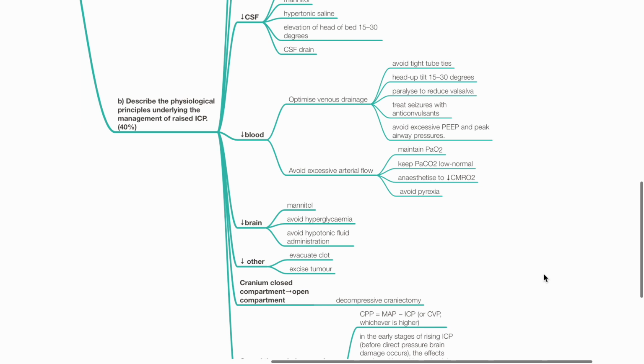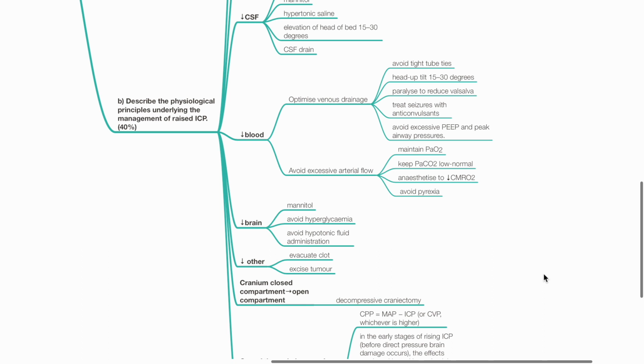Methods to reduce blood volume include optimizing venous drainage by avoiding tight tube ties, head up tilt 15 to 30 degrees, paralyzing the patient to reduce Valsalva maneuver, treatment of seizures with anticonvulsants, avoidance of excessive PEEP and peak airway pressures, avoiding excessive arterial blood flow by maintaining PaO2, keeping PaCO2 in the low to normal range, anesthetizing the patient to reduce CMRO2, and avoiding pyrexia.